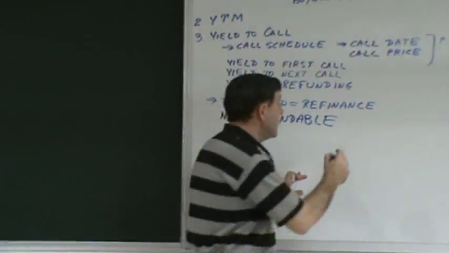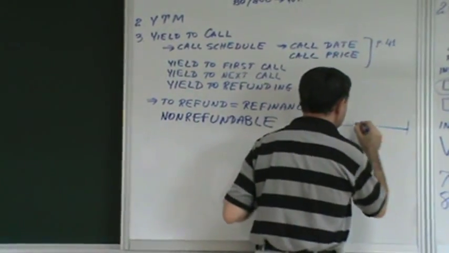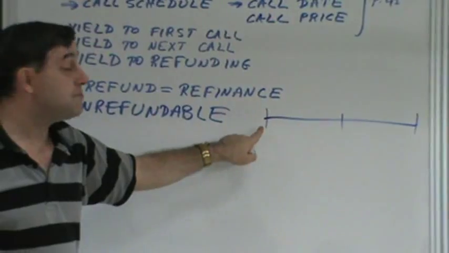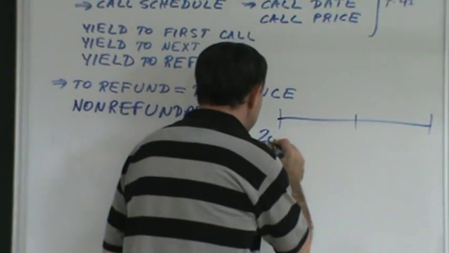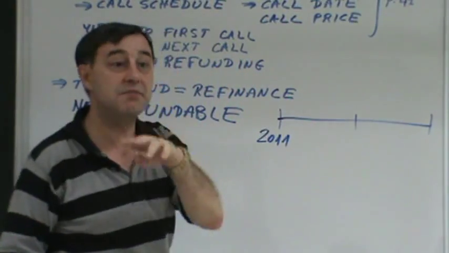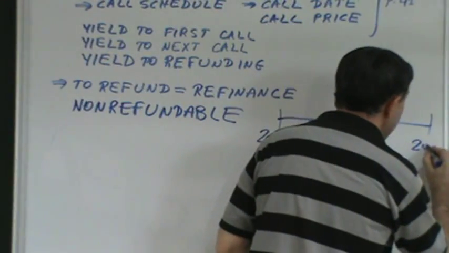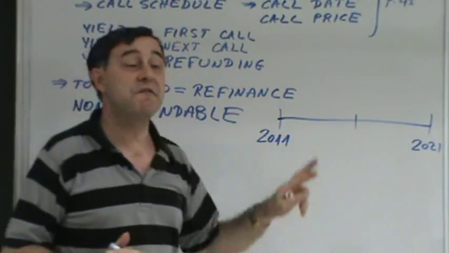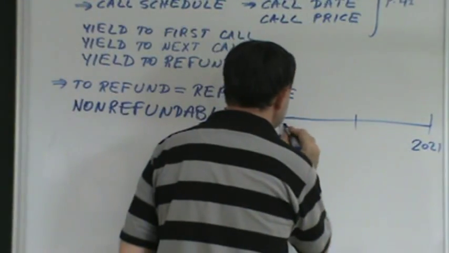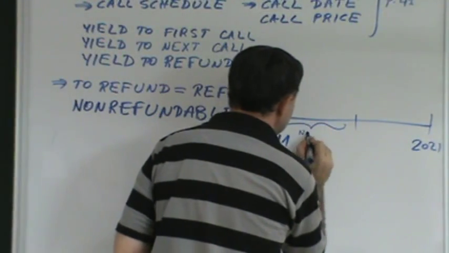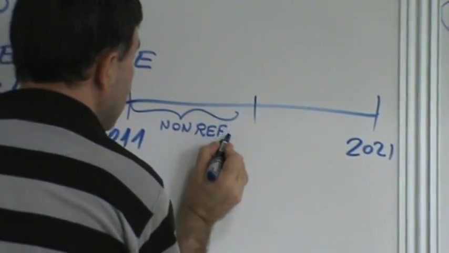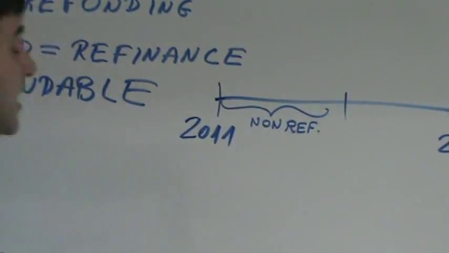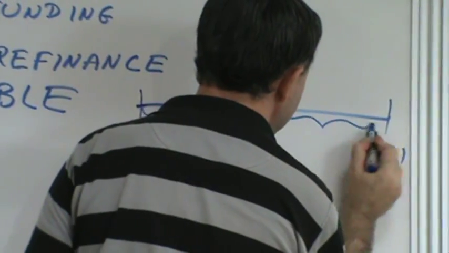So, what I've been explaining is that if it's a 10-year bond and now it's 2011 and it matures in 2021, for the first 5 years it is non-refundable, and for the other 5 years it will be refundable.